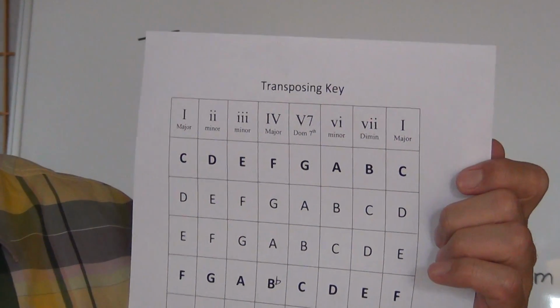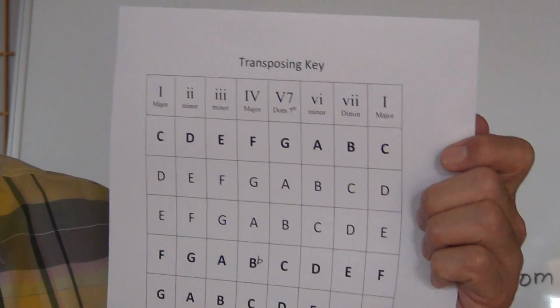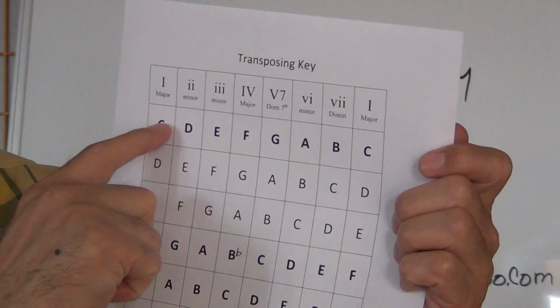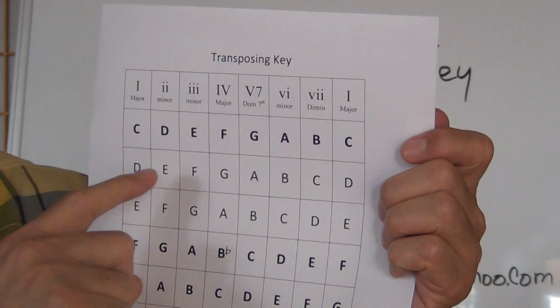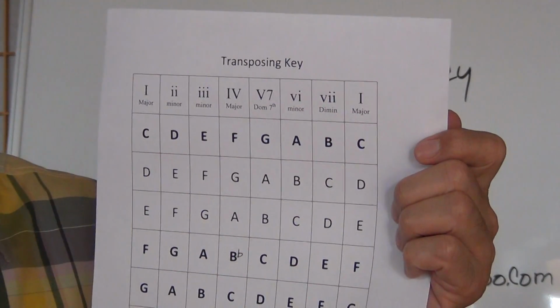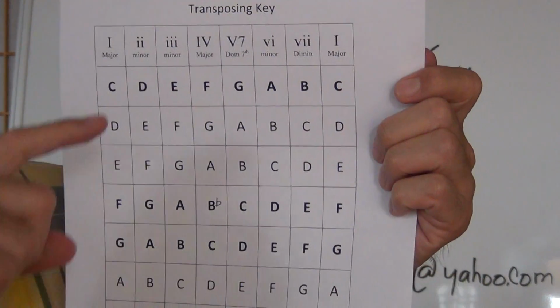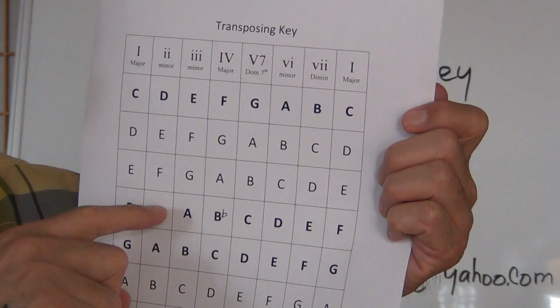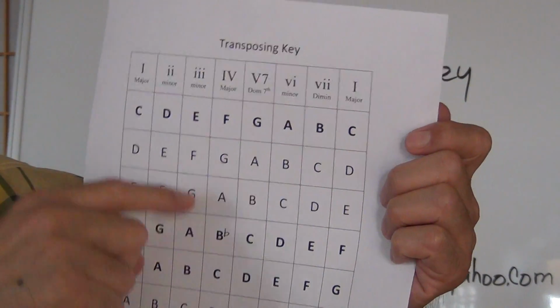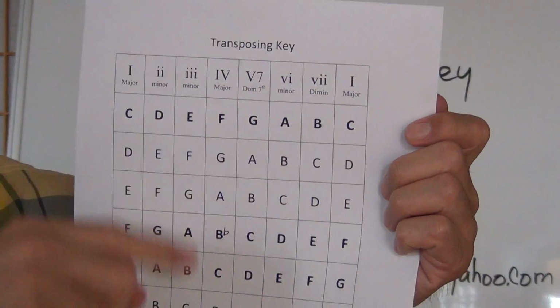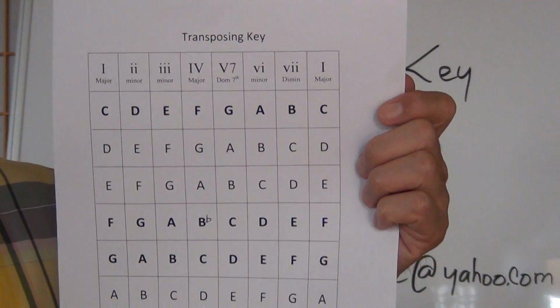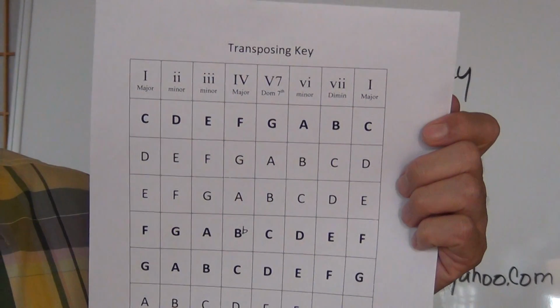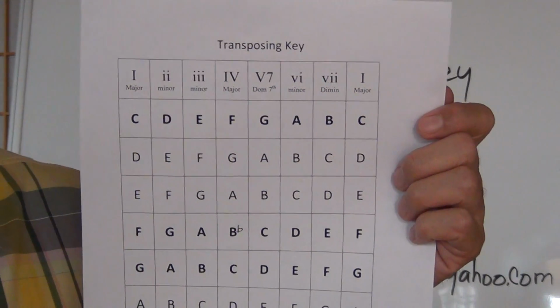Well, actually a majority of the songs that we already played in Ukulele 1 were in the key of C. Right here is the key of C. And let's say we wanted to transpose it to key of F. We just go down on the chart, find F, and we would play the chords that corresponded to the chords that were in the key of C. Once again, we're going to touch on this some more if it's a little unclear.